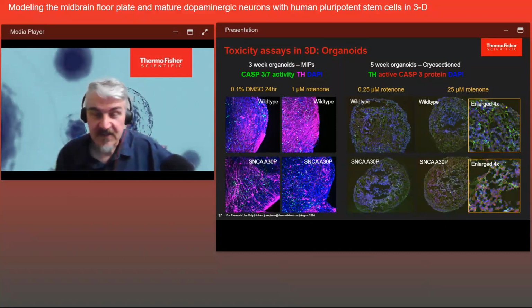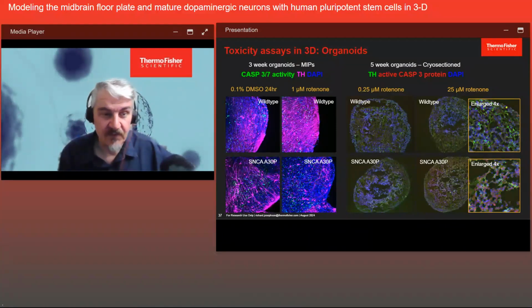At the right is an experiment done with 5-week organoids that were exposed to rotenone and then cryosectioned. These were then stained with antibodies to TH and an antibody to activated caspase 3.